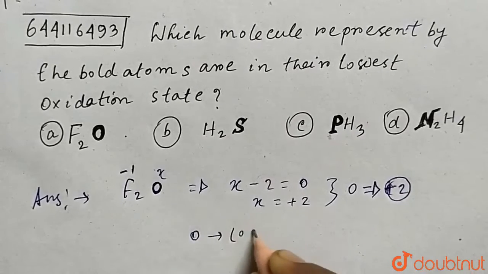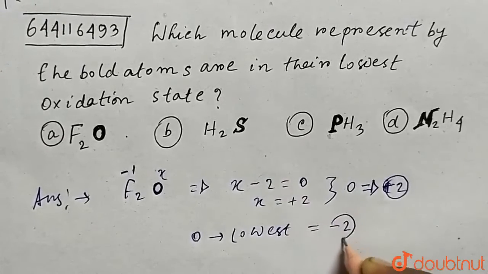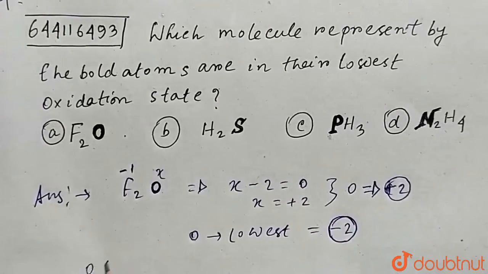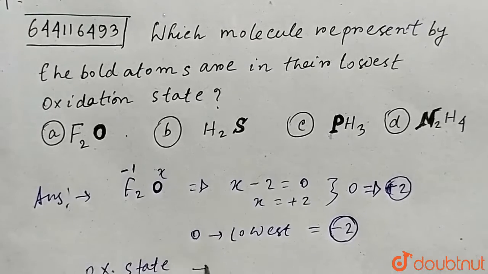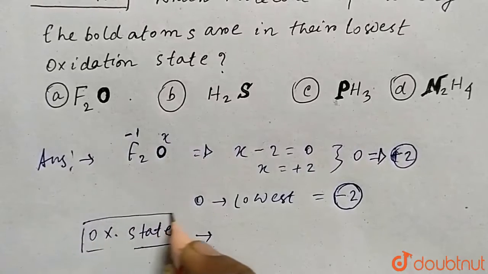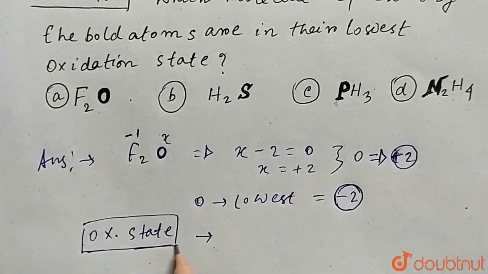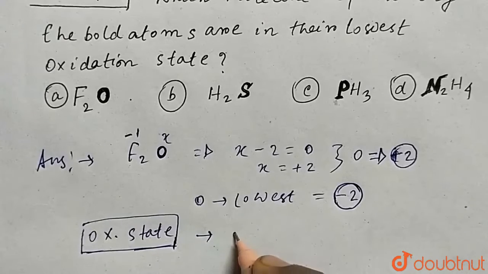Oxygen's lowest oxidation state we know is -2, because according to the definition, oxidation state means the number of electrons gained, lost or shared by an element. In general oxygen has 6 electrons in its outermost shell.